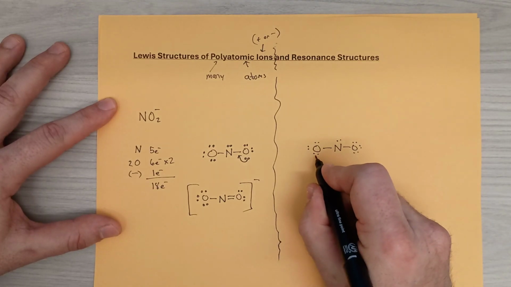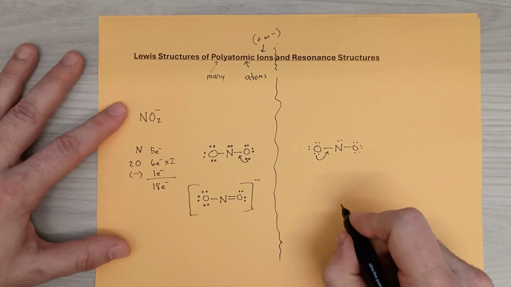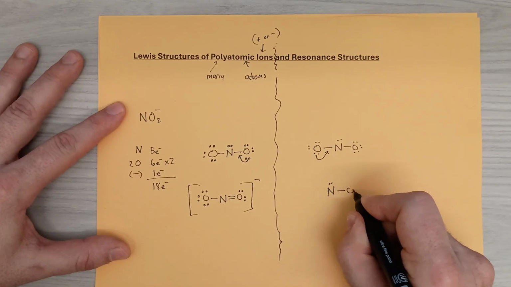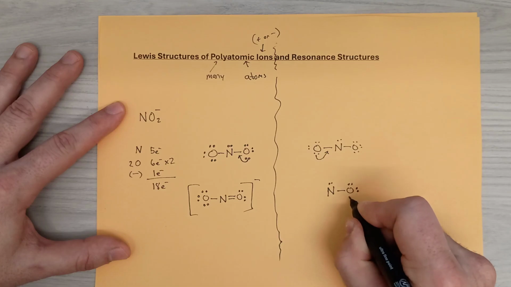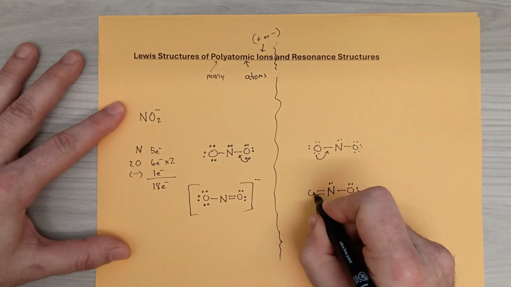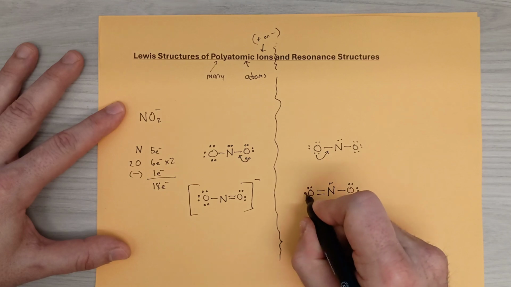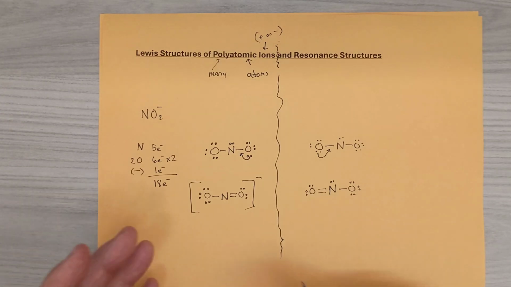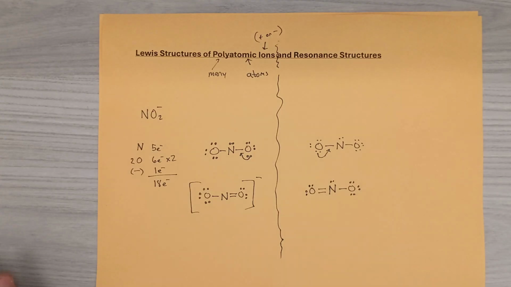Couldn't we equally have decided to move this lone pair of electrons into there and gotten this molecule out as a result? So this was an interesting question when people were talking about this new idea of drawing molecules using dots and lines that we now call Lewis structures. They said, wait a minute, which way should you draw it? Is it this way or is it that way? And how do you know?